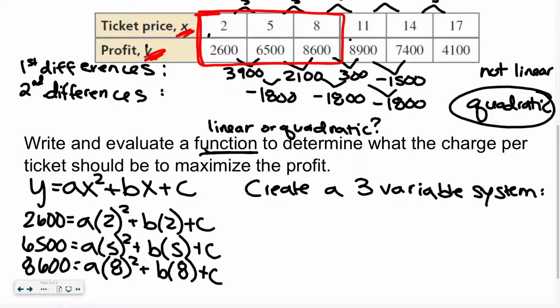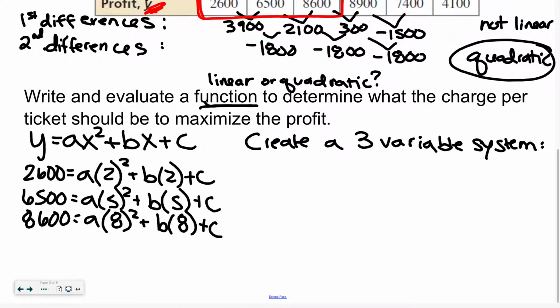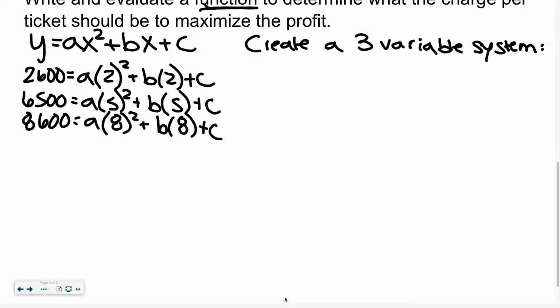Okay, now, our 3-variable system, let's make it look a little nicer, right? Let's fix these squareds, and I'm going to put my coefficients in front of my b's over here. So I have 2600 equals 4a plus 2b plus c.